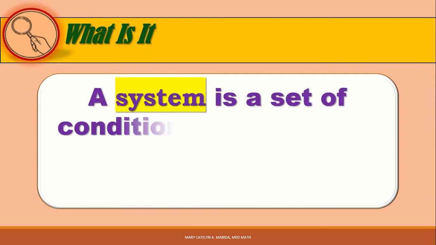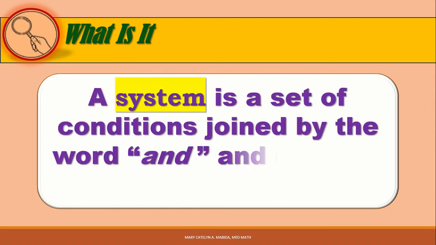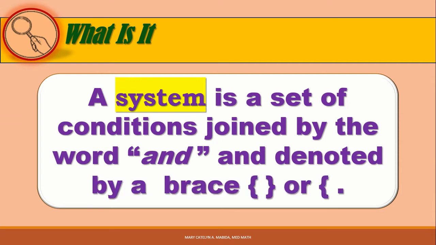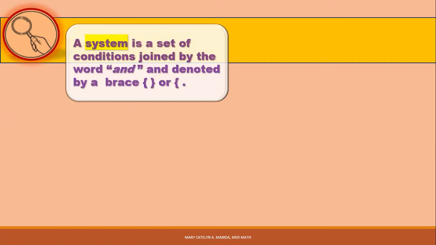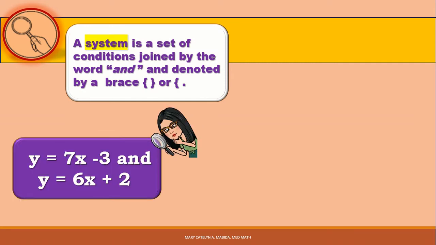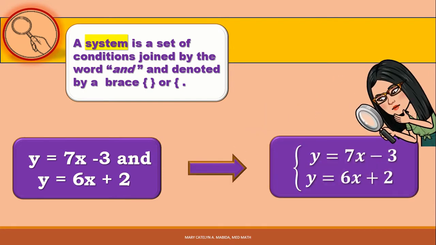A system is a set of conditions joined by the word "and" and denoted by a brace. For example, y is equal to 7x minus 3 and y is equal to 6x plus 2 can be written as y is equal to 7x minus 3 and y is equal to 6x plus 2 with the brace.